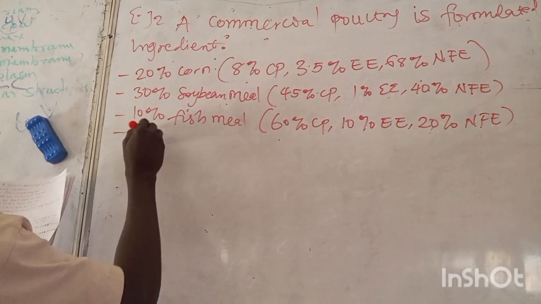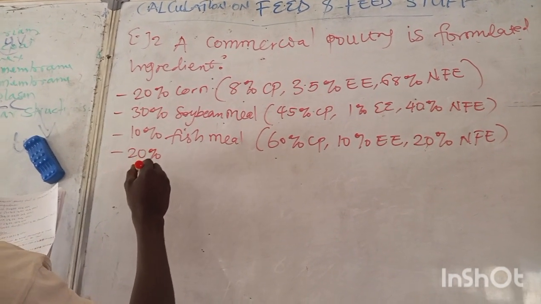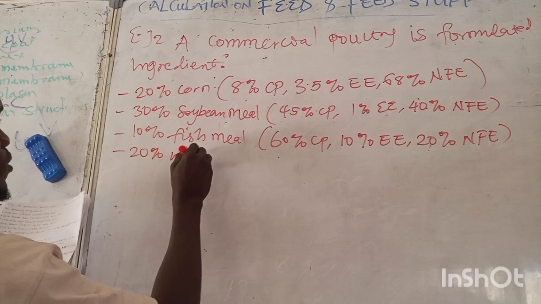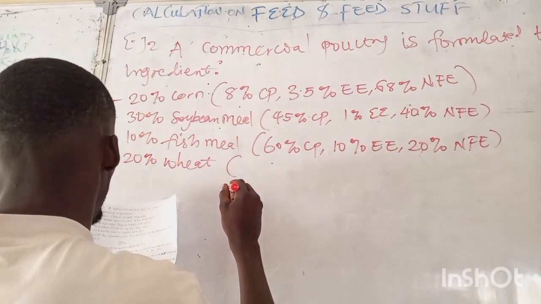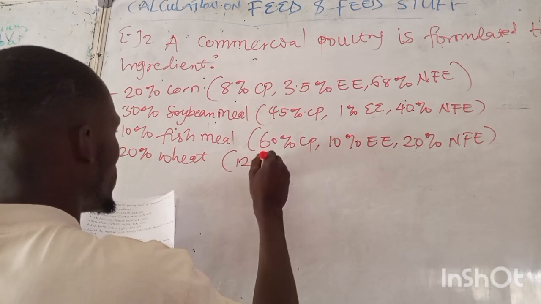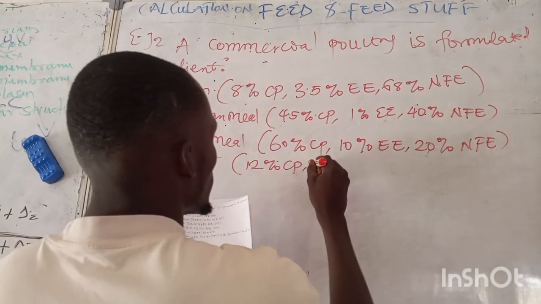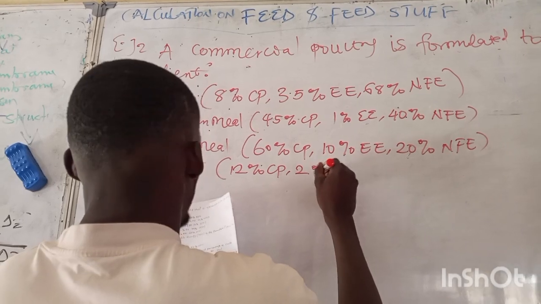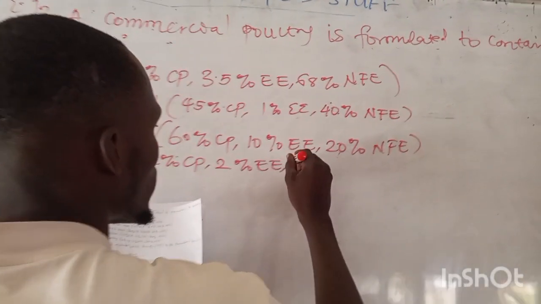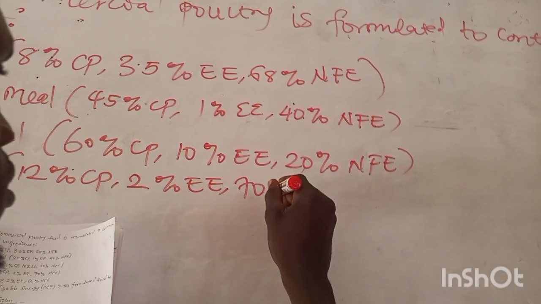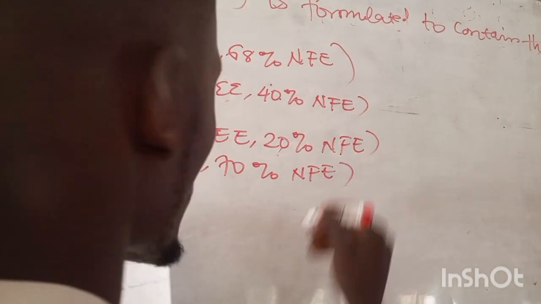You have 20% of wheat, bracket, 12% CP, 2% EE, 70% NFE.